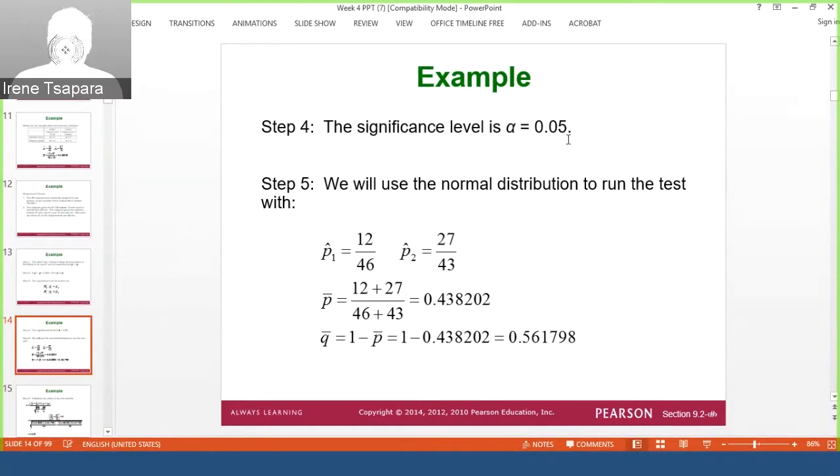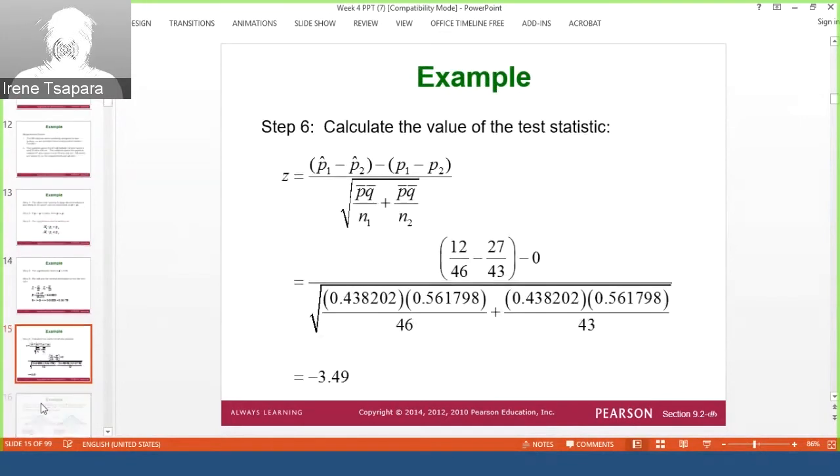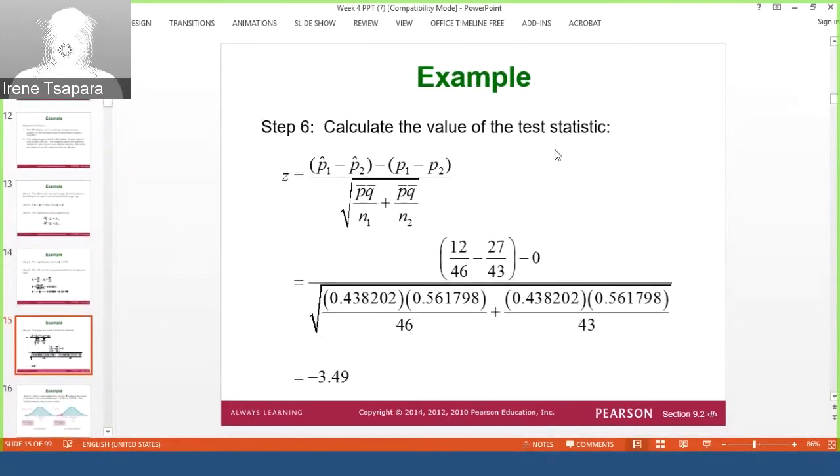So we have our numbers. We have the pooled proportion and the q bar, and we run the test. The first thing that we need to do is to calculate the test statistic. We calculate the test statistic using the pooled sample proportions here, and we get our result to be negative 3.49.